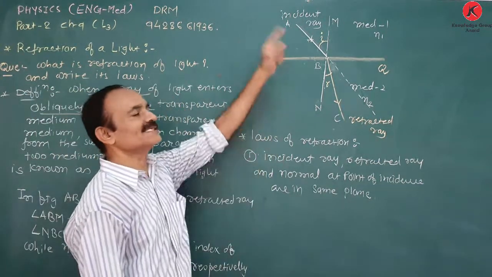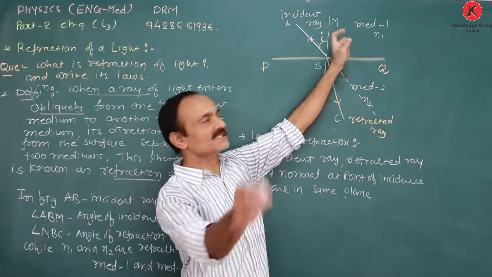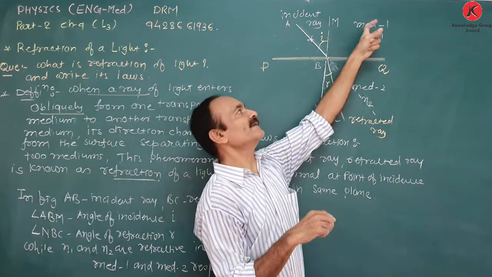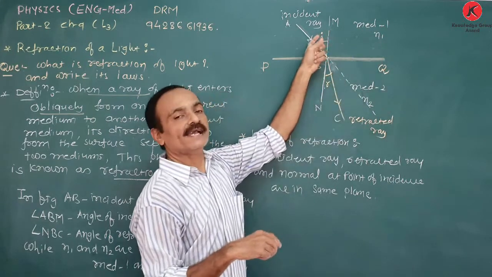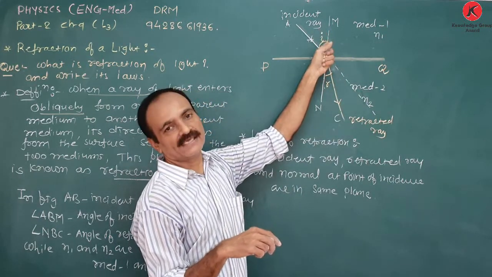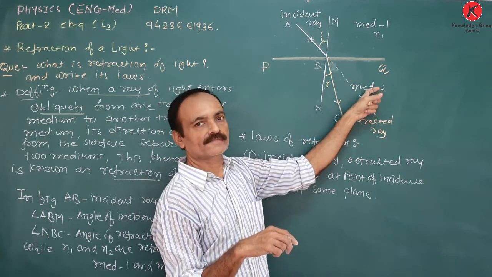Now the second law. What is the second law? First we discuss this. In medium 1, the refractive index is N1 and the angle of incidence is i, while the angle of refraction is in medium 2.